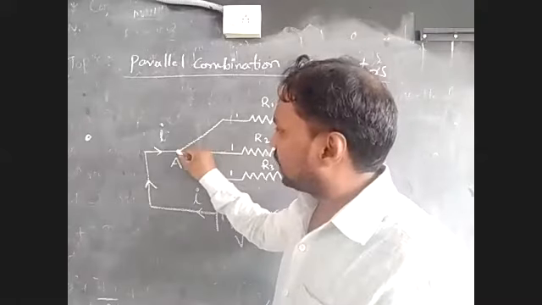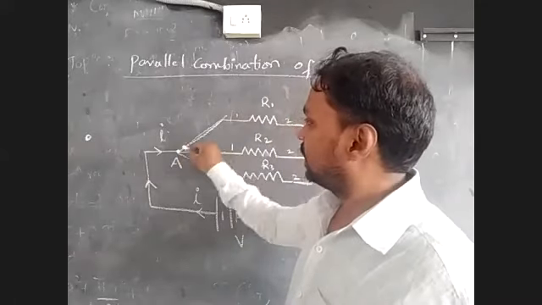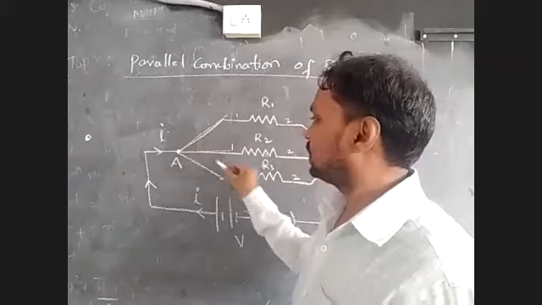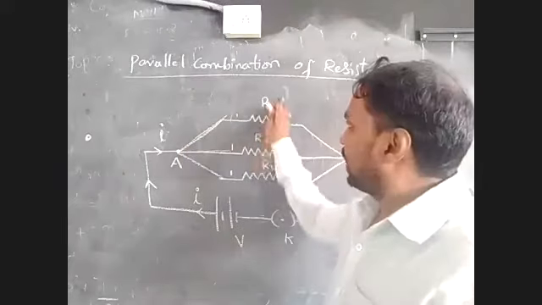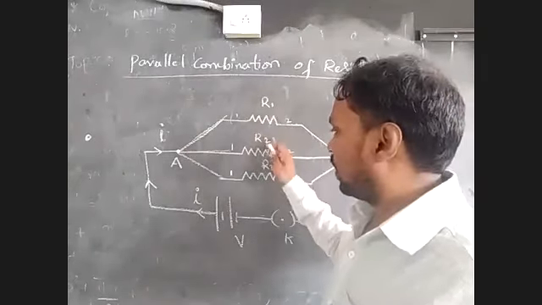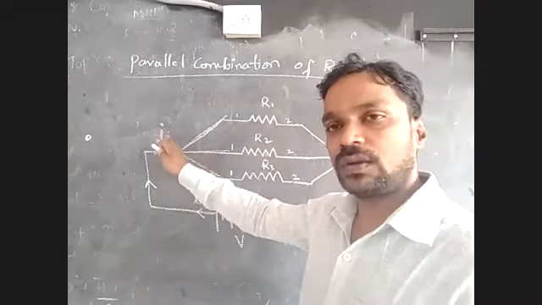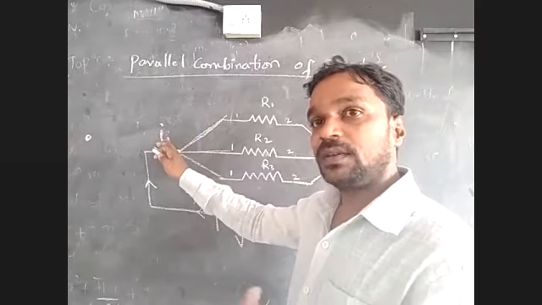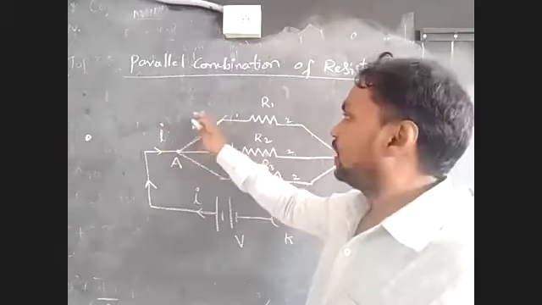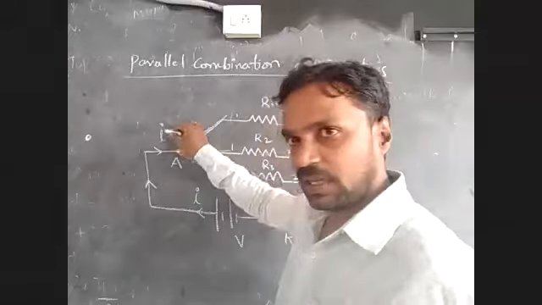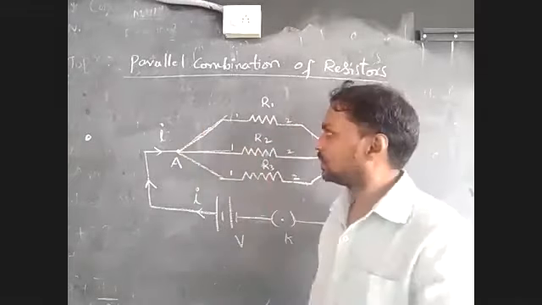Here when it comes to this point, it has three ways. Depending upon the value of R1, R2 and R3, here this total current I gets divided. That means the total current will be divided into three parts.